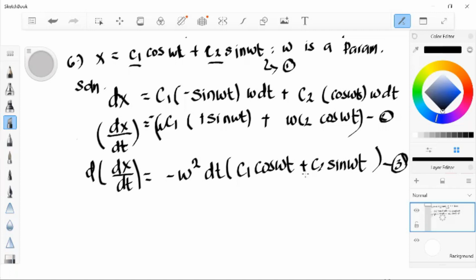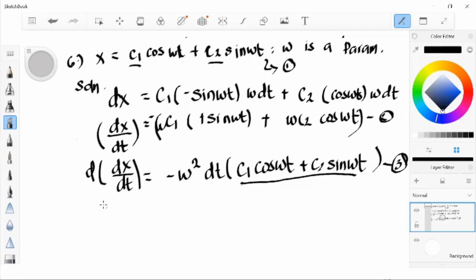Since using equation 1, we had x equal to c1 cosine wt plus c2 sine wt, what we can do is replace c1 cosine wt plus c2 sine wt by x from equation 1, because it is already given that x equals c1 cos wt plus c2 sine wt.